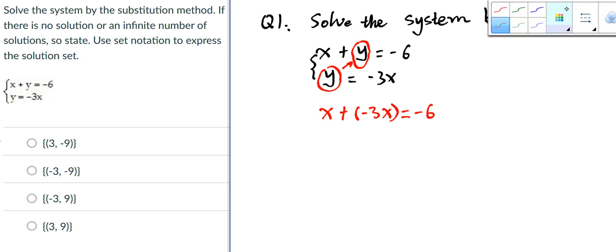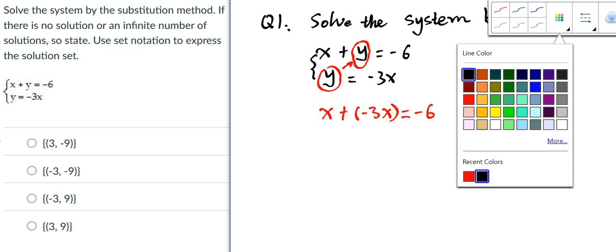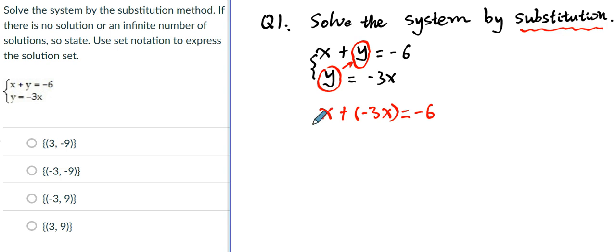Okay. We know in front of x there is a number 1, because 1 times x is x. 1 times any number is that number.